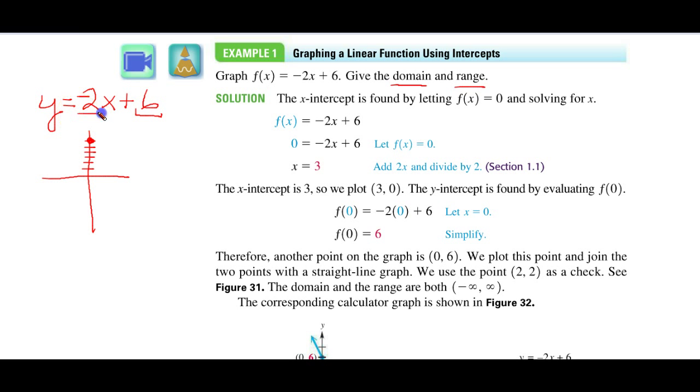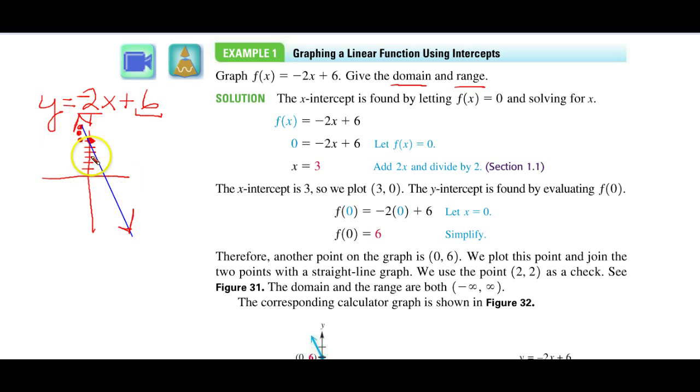Now the slope, which is the numerical coefficient of x, is a negative 2 over 1. So since it's negative, I'm going to go over 1, and we'll see shortly more detail on this. And then I'm going to go up 2, and then I draw my line. Now there's an infinite number of points along this line.